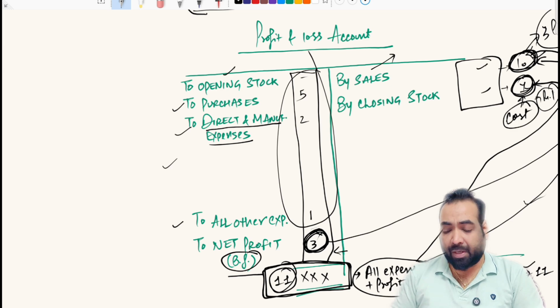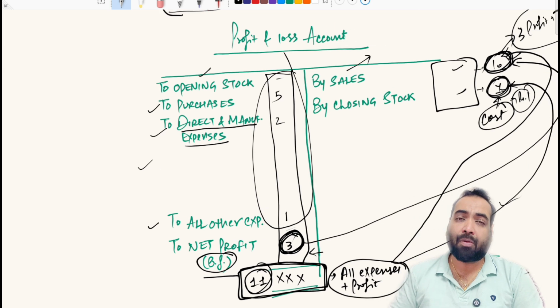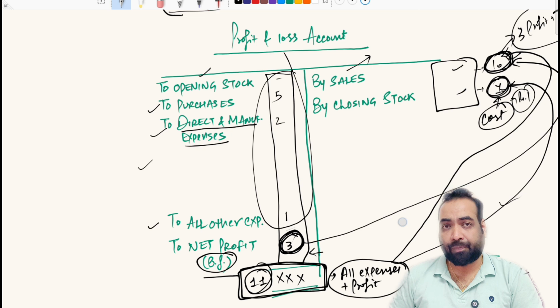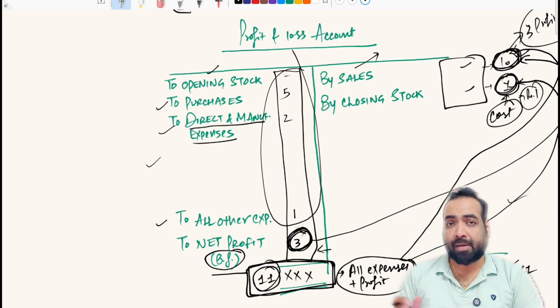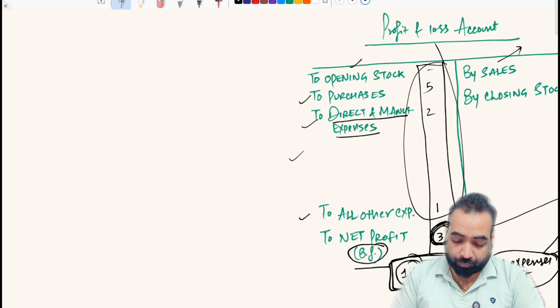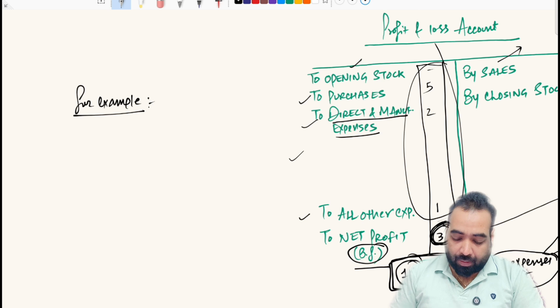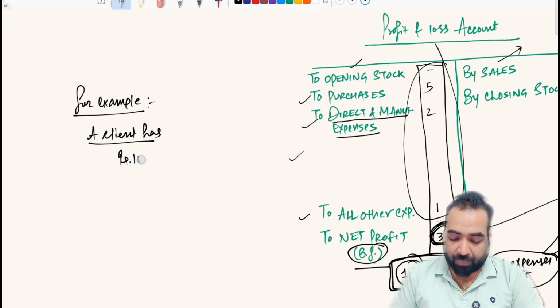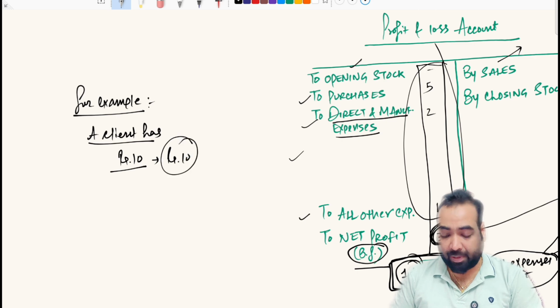Whenever we prepare a profit and loss account, it is prepared on the principle of accrual concept, when the expenses are matched with the incomes. For example, a client has purchased raw material of 10 rupees, and he has to make payment of 10 rupees for this material.